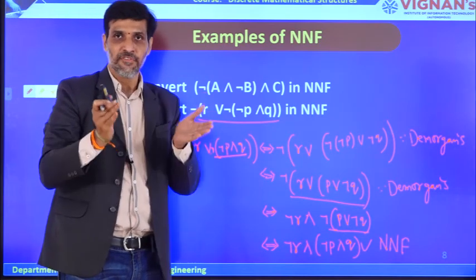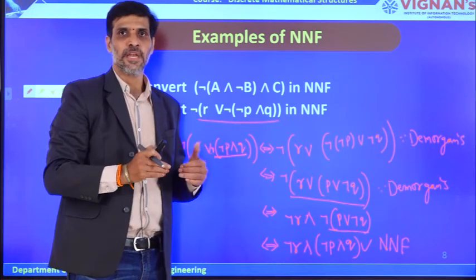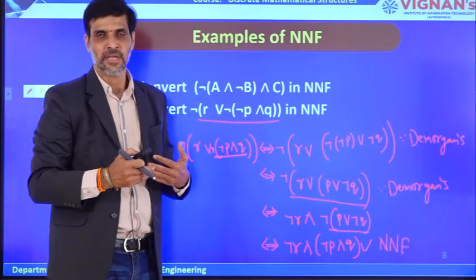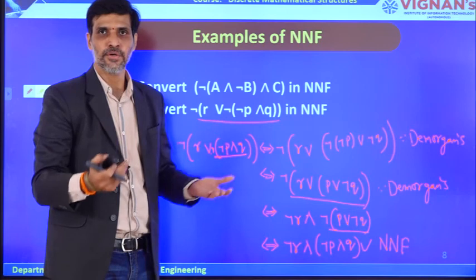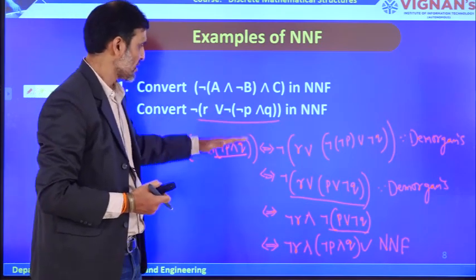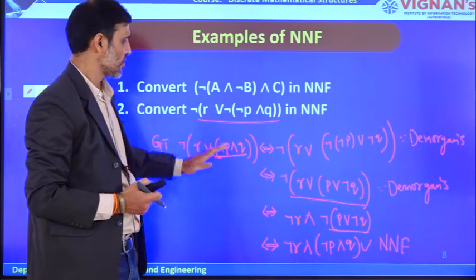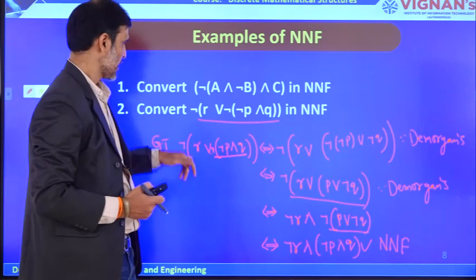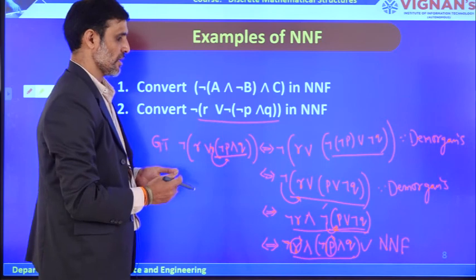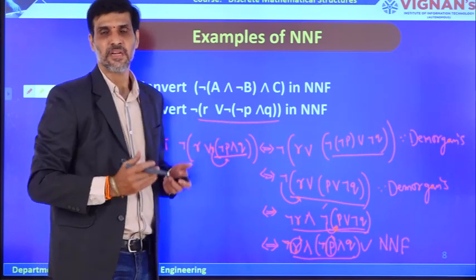If it appears in front of a compound proposition, then you push the negation inside the compound proposition and convert it into NNF. We have discussed examples of how to convert the given proposition into NNF. I hope it is clear for you how to convert the given sentence into negation normal form.